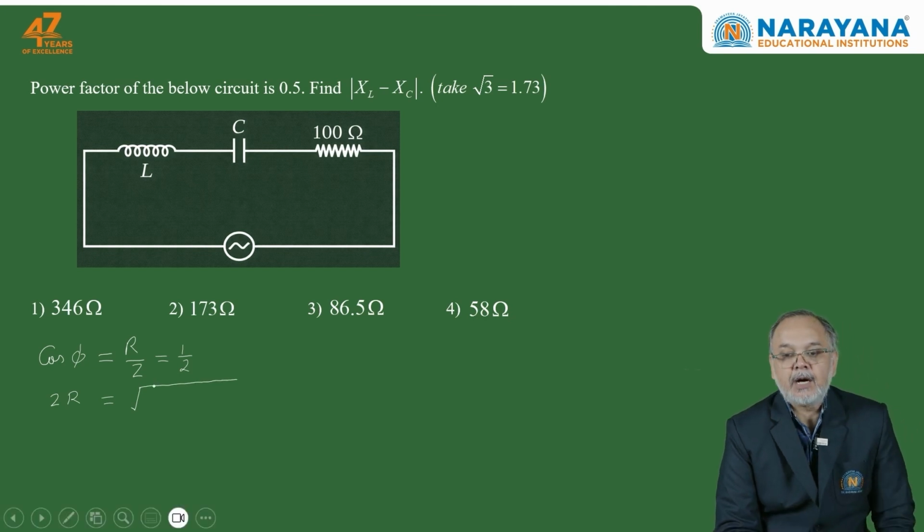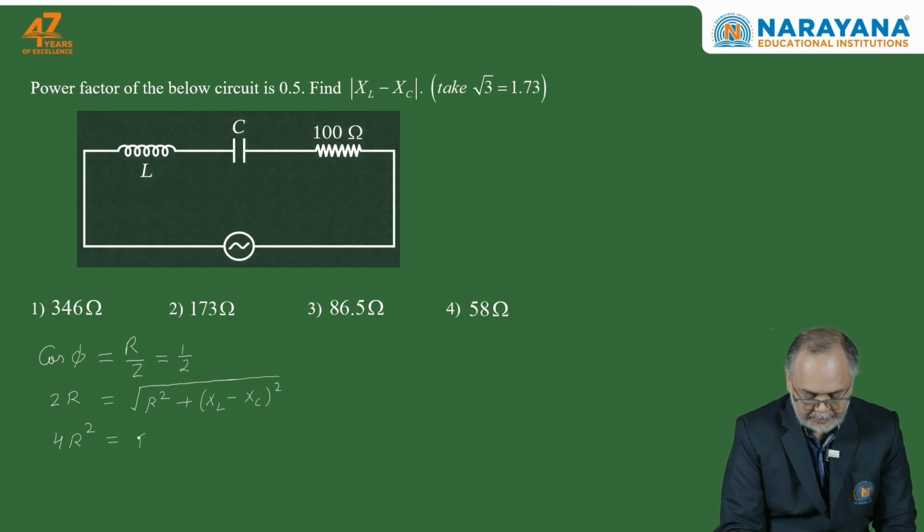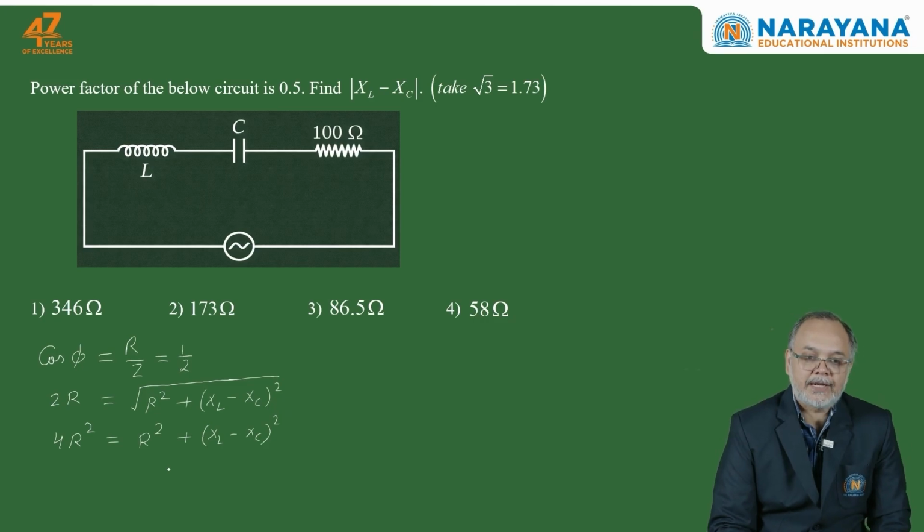We can write it as under root of R square plus (XL minus XC) whole square. If we square on both sides, we get 4R square is equal to R square plus (XL minus XC) whole square, and from here we can find the value of XL minus XC.